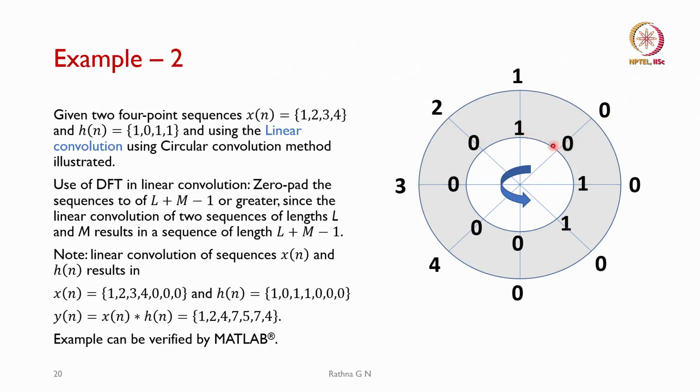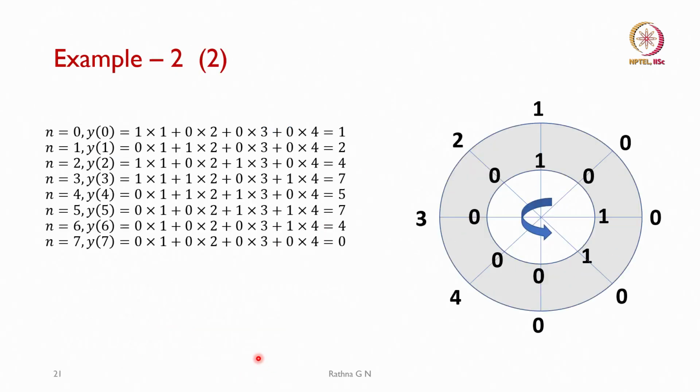Here also we put 1, 0, 1, 1 and 4 zeros. In the same way as the previous one, you can shift. The resulting value with circular convolution is 1, 2, 4, 7, 5, 7, 4, which can be verified using MATLAB, or the next slide shows how it has been implemented.